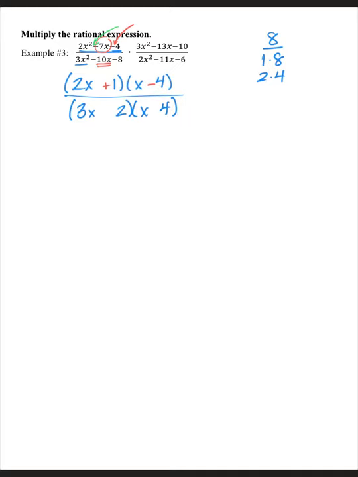Now, one of the reasons I was thinking about using this combination is in the numerator up here, I have an x minus 4. And maybe it is possible to get an x minus 4 in the denominator as well. Let's try. If this is going to be a minus or a subtraction, and this is going to be a plus or an addition, let's see if that combination works.